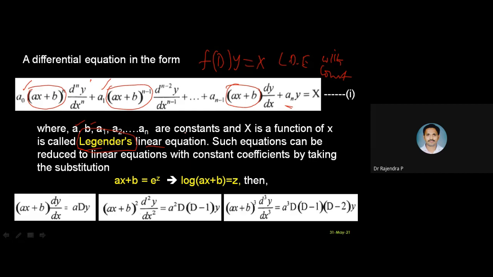How do we go ahead with this special case of variable coefficients in your standard form, something like the ax plus b form? You may have anything, but we are considering only Legendre's differential equation.